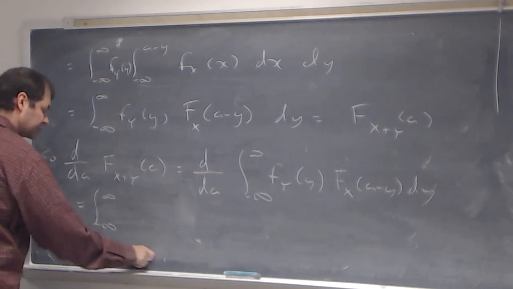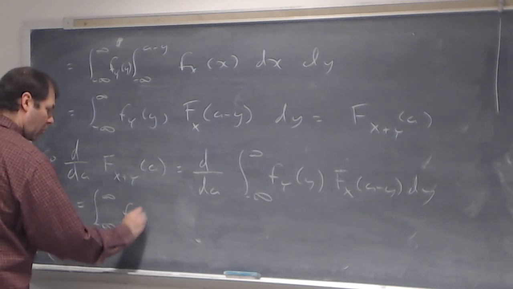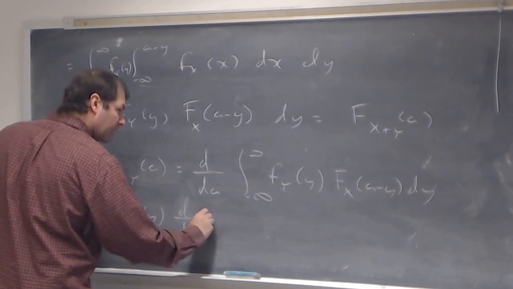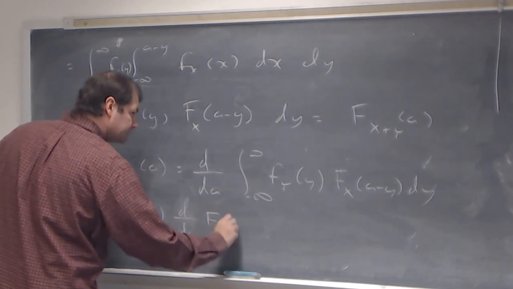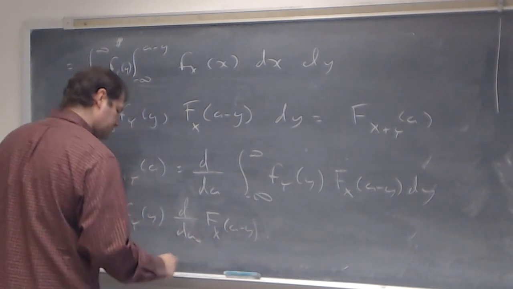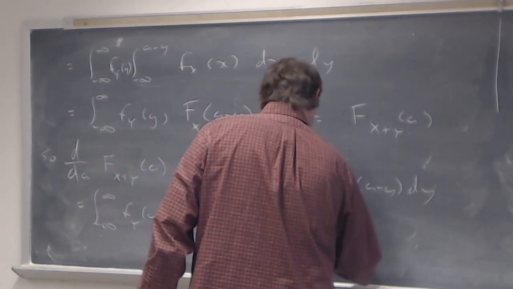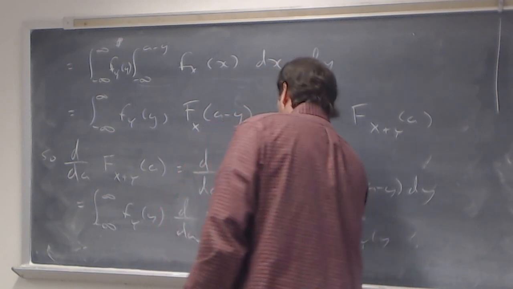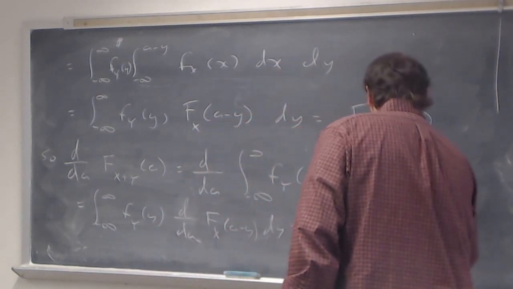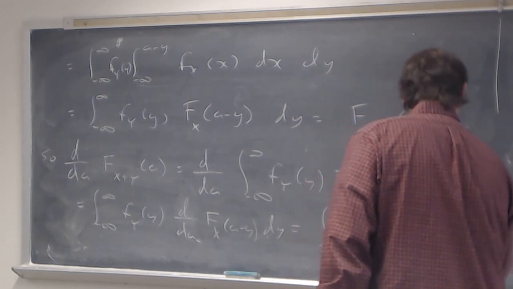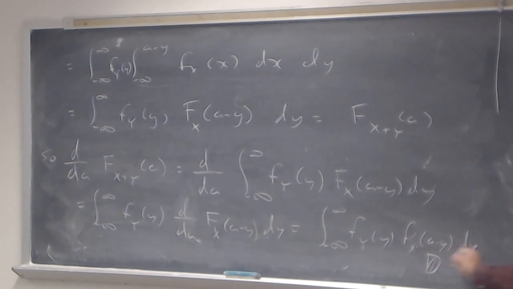I'm not saying why, but you can. Here, this is f sub y of y, and then this will be the derivative with respect to a of the CDF, dy, and that's equal to the integral from minus infinity to infinity of f sub y of y times f sub x of a minus y, because the derivative of the CDF is nothing more than the PDF. And that's what we were trying to get, and so that proves the result.